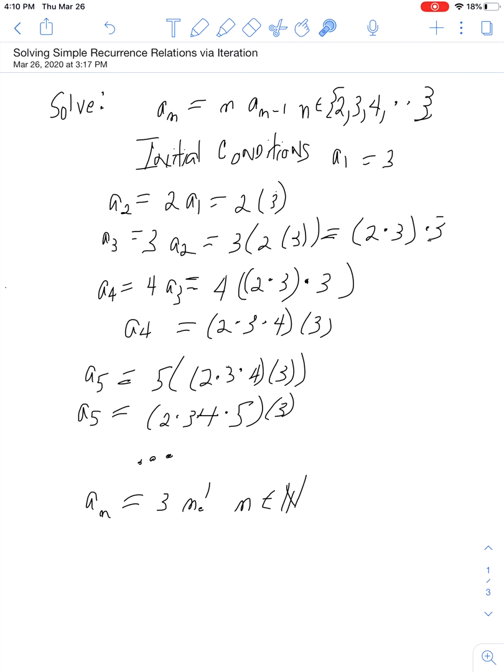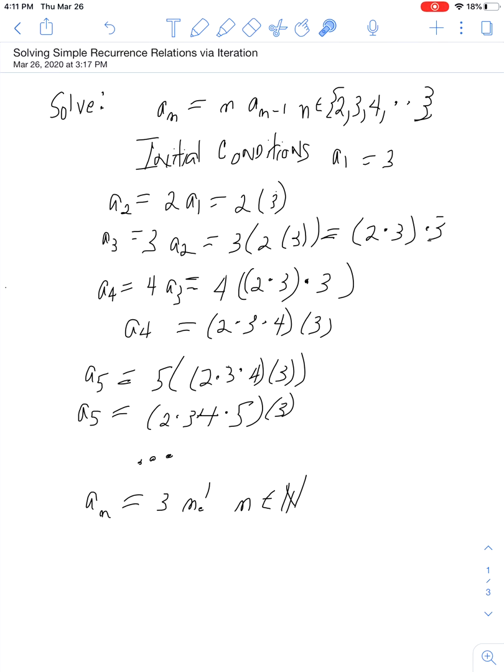Now I'm starting to think that the 3 on the far side just goes along for the ride. And I'm trying to think, what's the relationship between that index and that term, 2 times 3 times 4? Well, I go on to a sub 5, and a sub 5 is 5 times a sub 4, which turns out to be 5 times 2 times 3 times 4 times 3.